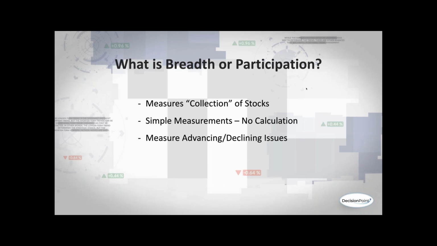We are going to talk about how you can measure advancing and declining issues. I'm sure everybody's heard of the advance-decline line. I'll show you a little bit more of that. And we're going to see how market breadth and participation are a way to measure internal strength. Not necessarily the internal strength of a particular stock, but the internal strength of an index, a sector, an industry group.